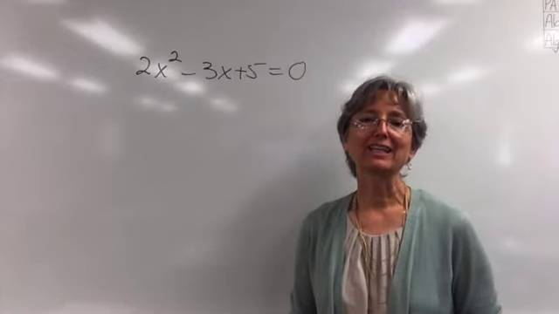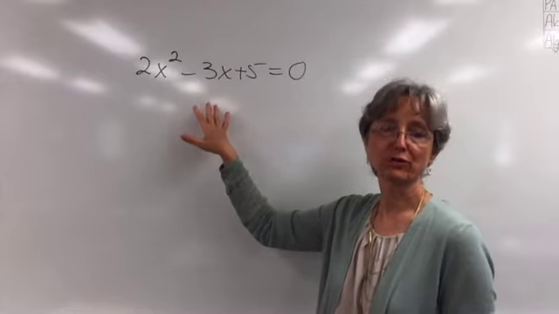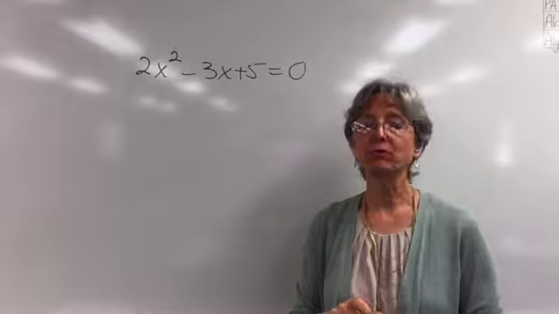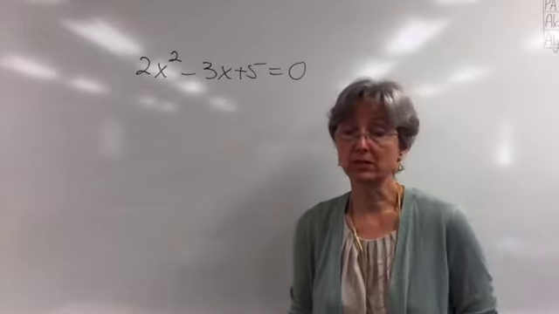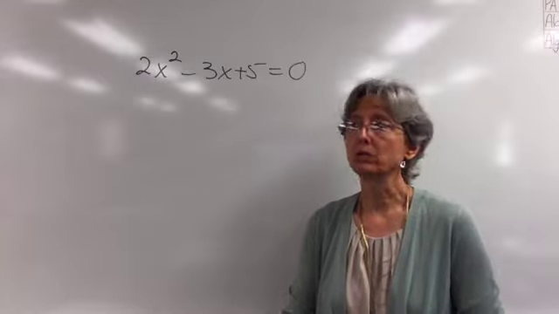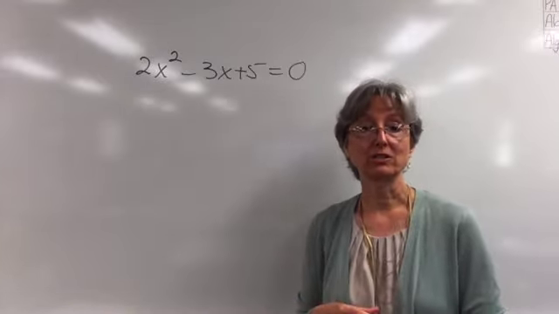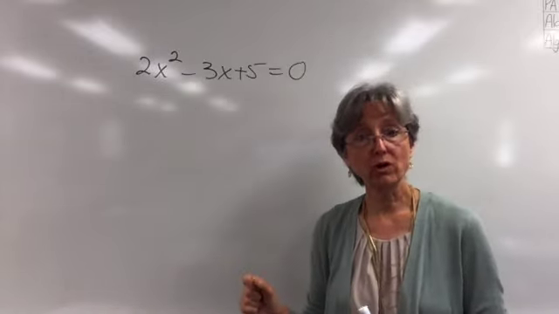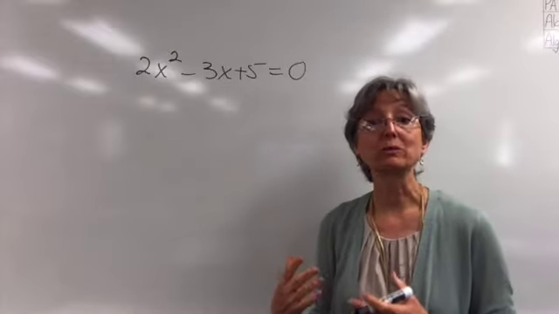Okay, now we're going to get to the heart of this, which is finding all the solutions for this quadratic, including imaginary solutions. Before, if our discriminant was negative, we stopped because there is no negative square root, and we said there's no real solutions. But now we're going to find imaginary solutions. So we're going to plug this into the quadratic formula and see what happens when we have that negative discriminant.